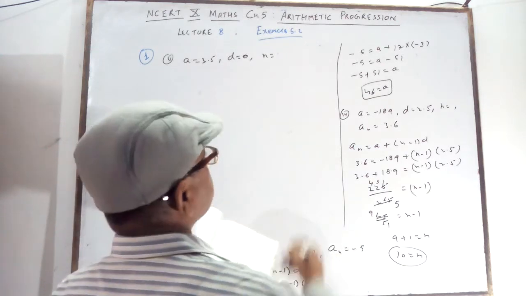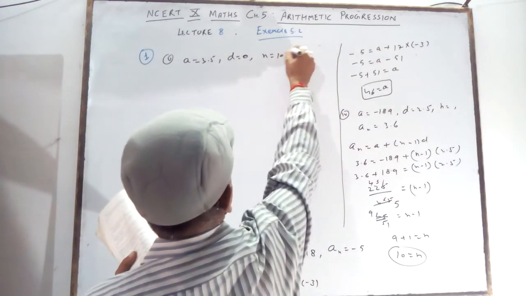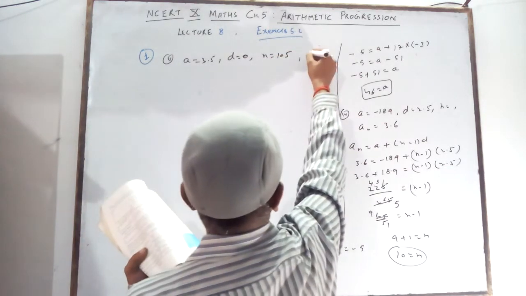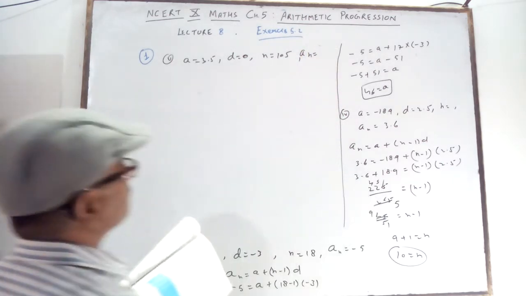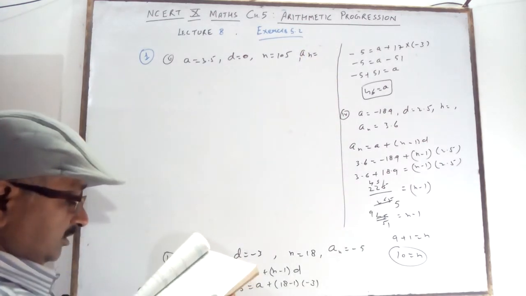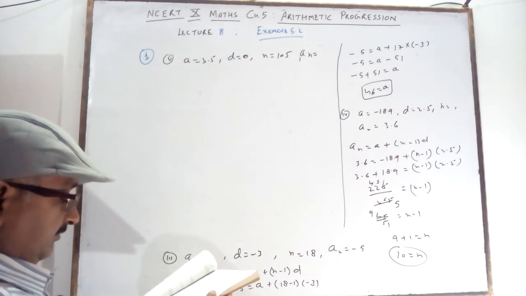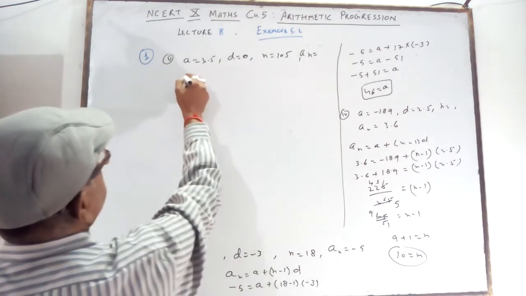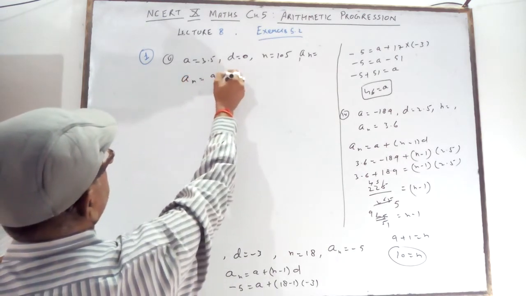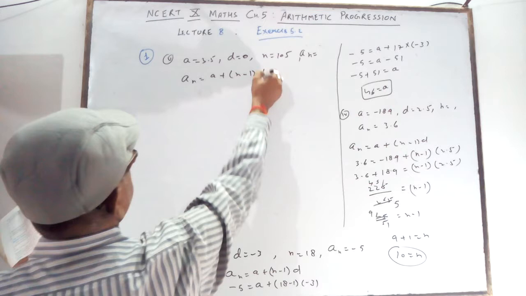What is given? n is 105. And you want to find out an. an is not given. n is 105. A is 3.5, D is 0. So an formula, an is equal to a plus n minus 1 into d.